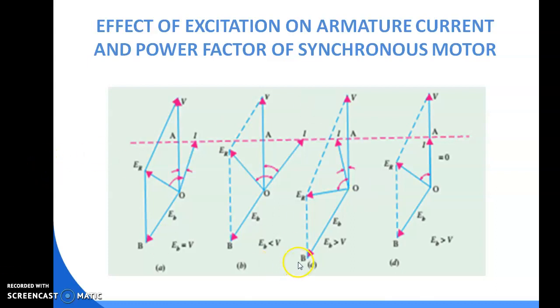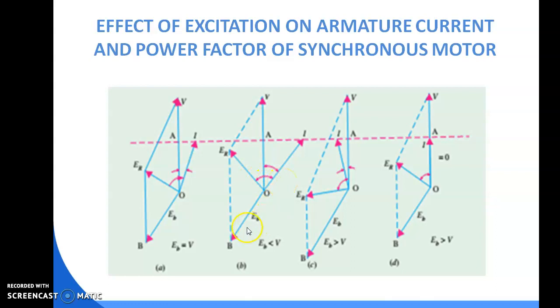What happens in the second position? This is the condition when EB is less than V. At this condition, we will get an increased armature current and an increased power factor angle, that is phi is increased, and we will also see the angle between ER and I, that is theta, is changed.